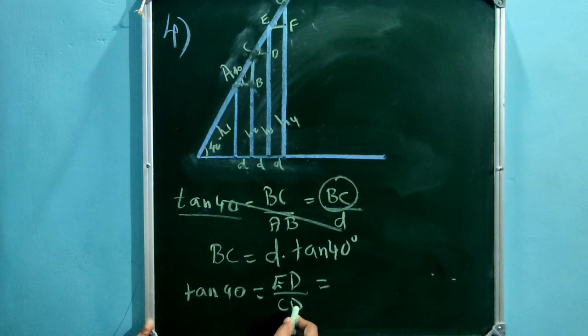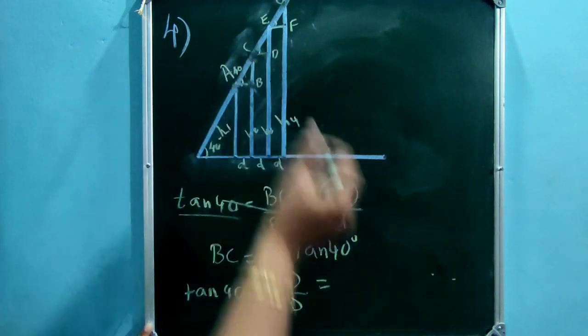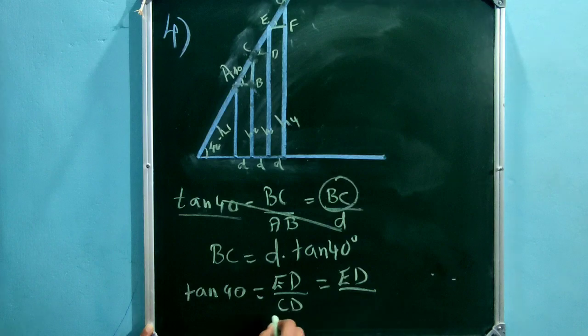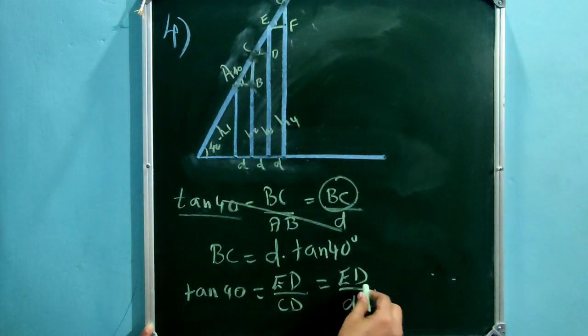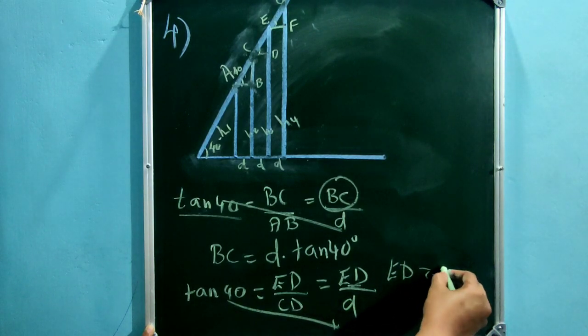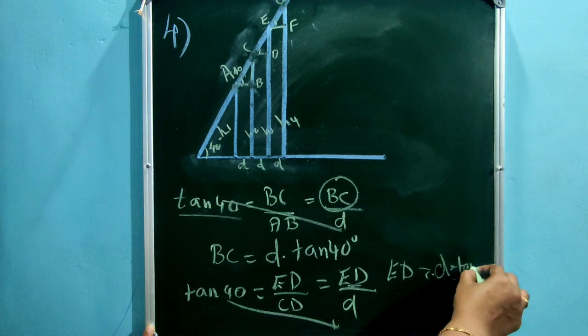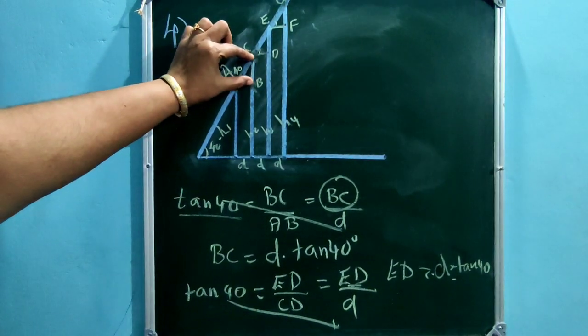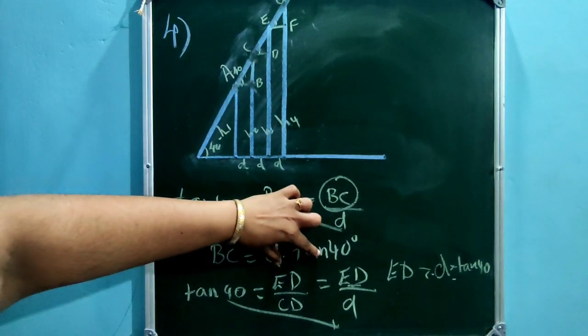And CD is D. So tan 40 is equal to ED by D. Cross multiplying, this length ED is D tan 40. So BC is equal to D tan 40.